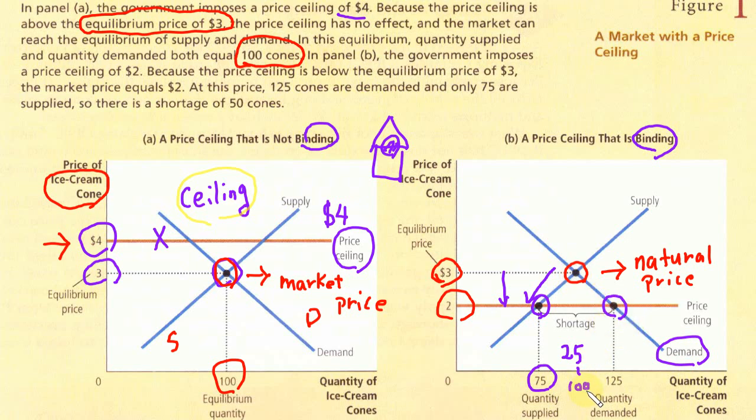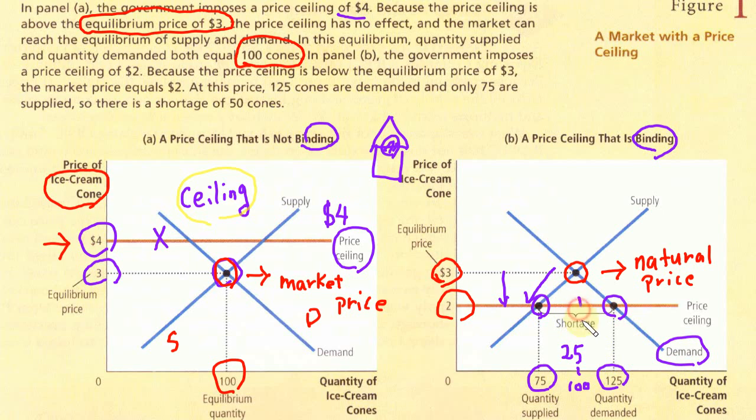Then this might be an increase of quantity, right? Contrary to supply, demand increases by 25. Then 125 is the quantity demanded for purchase. Then what can happen then?